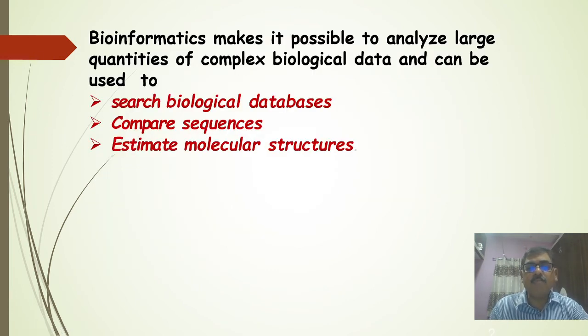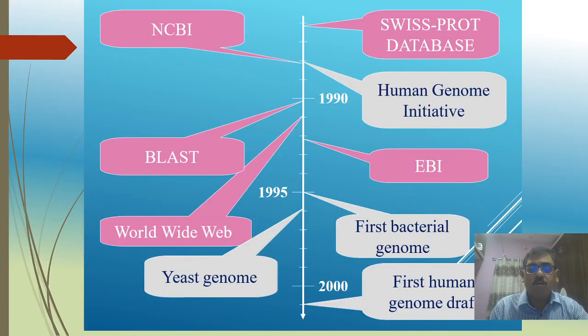Bioinformatics makes it possible to analyze large quantities of complex biological data, and it can be used to search biological databases, compare sequences, and estimate molecular structures. We have already discussed how this developed. The Swiss-Prot database was developed later, and next the Human Genome Initiative and the NCBI developed side by side.